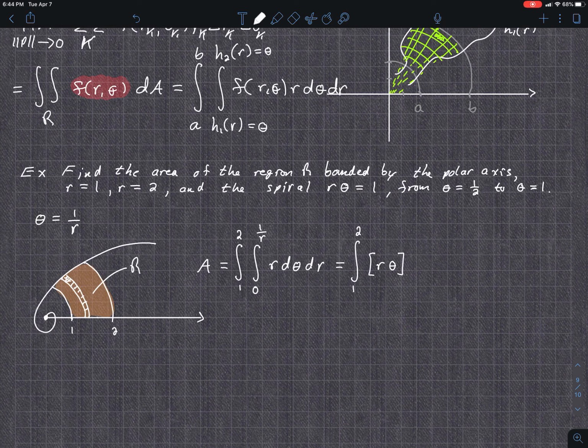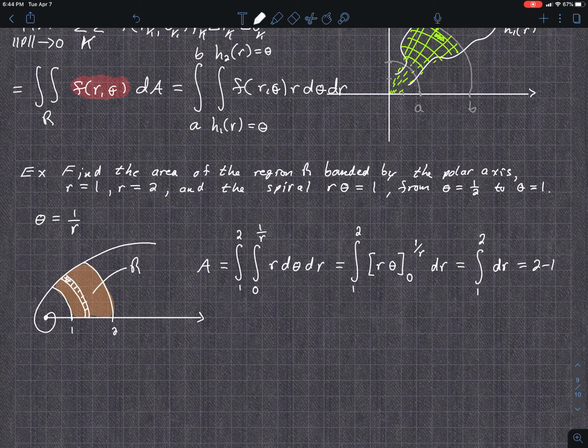So let's integrate. So integral from 1 to 2, and then it's r theta from 0 to 1 over r, dr. And then this actually becomes nice and easy when you substitute for theta. So r ends up being gone.